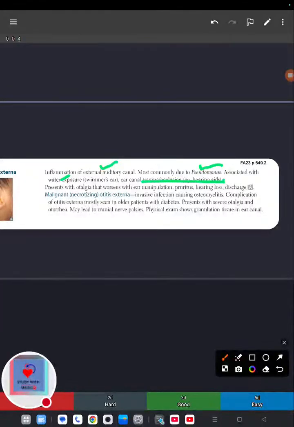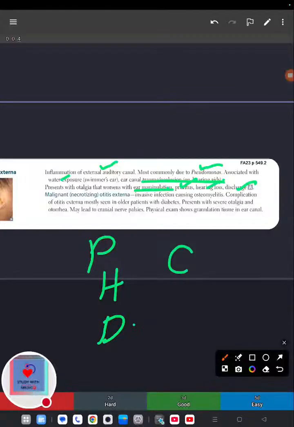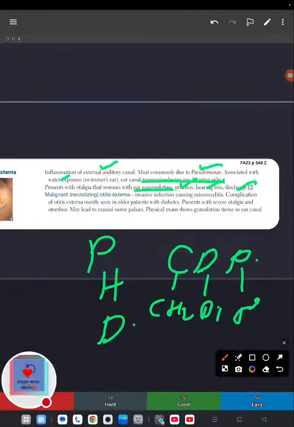Presents with otalgia that worsens with ear manipulation. There will be pruritus, hearing loss, and discharge. CDP, you can remember: conductive hearing loss, discharge, pruritus.